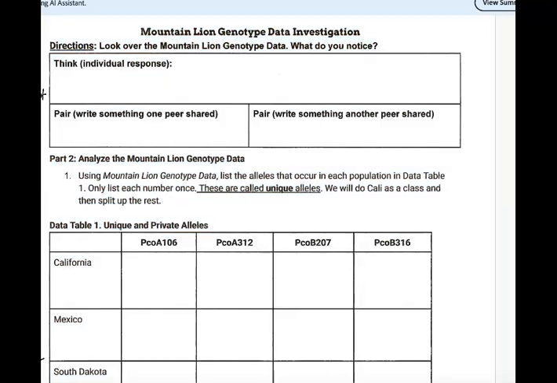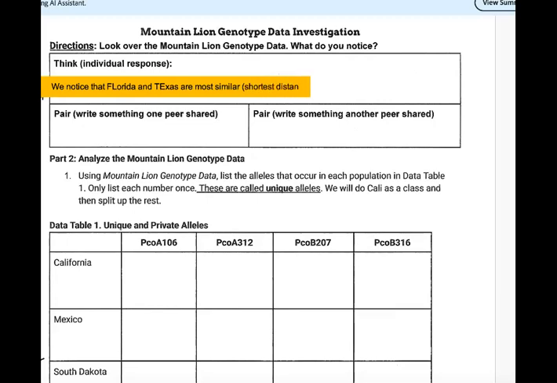So what do we notice? We notice that Florida and Texas are most similar. Shortest distance in frequencies.